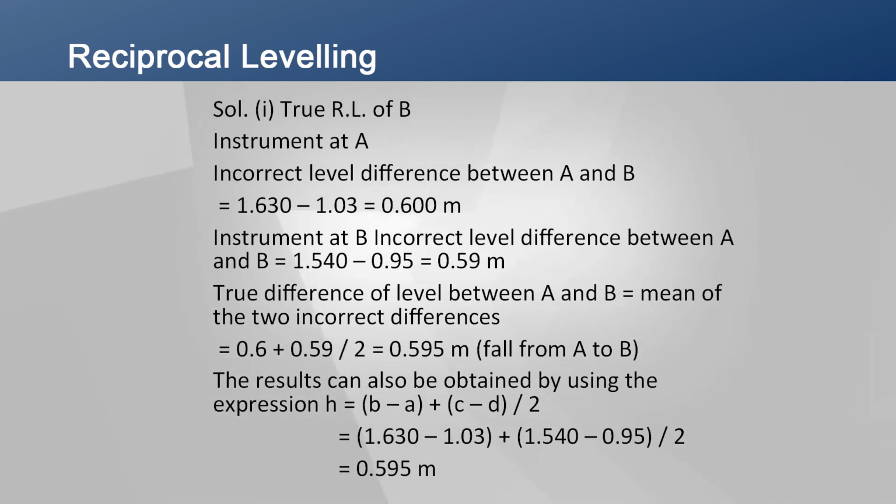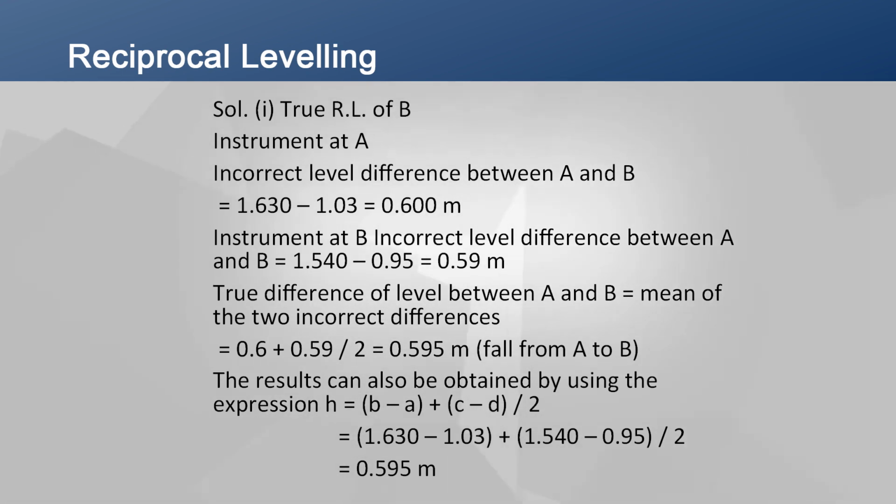Moving on, solving this, we have to first find out the true RL of B. With the instrument at A, the incorrect level difference between A and B will be equal to 1.630 minus 1.03, that is the staff reading on B minus the staff reading on A when the instrument station is nearer to A, which results in 0.600 meters.